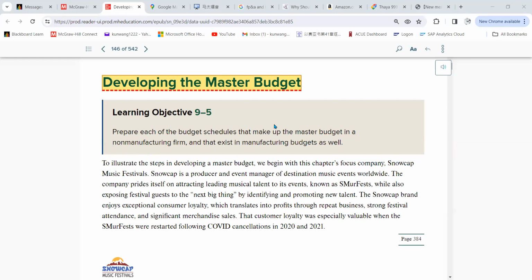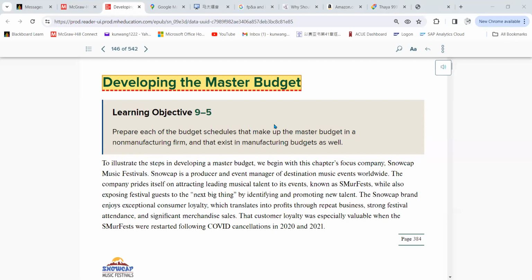And in the fourth quarter, there is basically nothing happening. So most of the budgeting work is done for the first 3 quarters. So it will involve sales budgets, all of the supporting expenses, and the purchase budget for the music event.